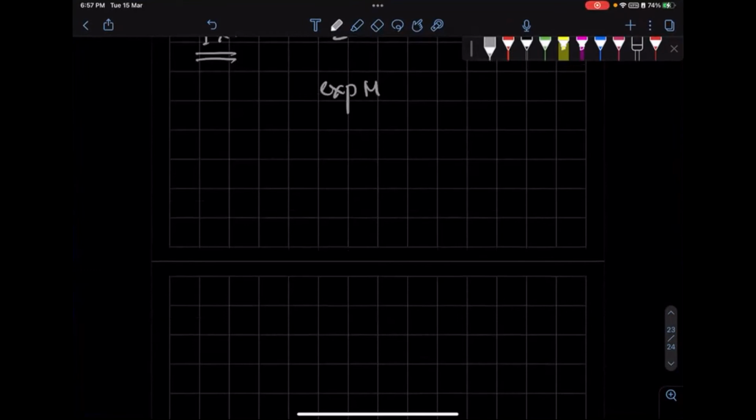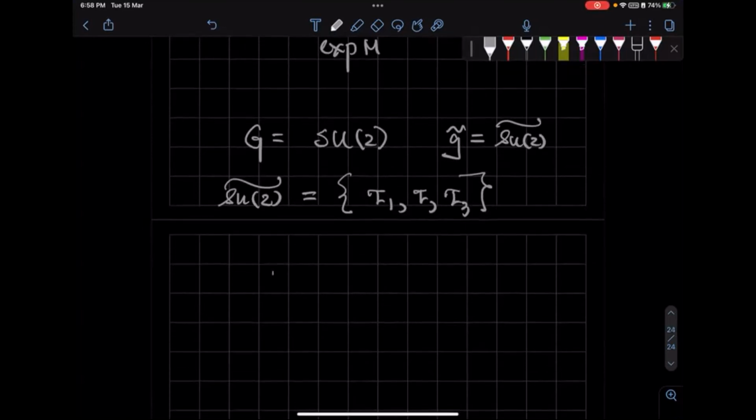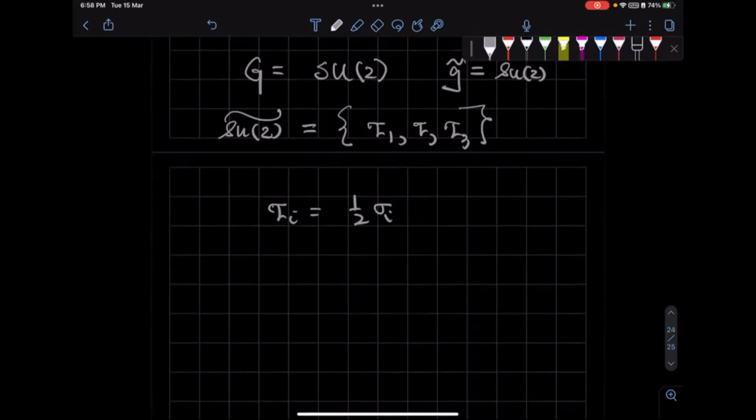Okay, so as an example, let's take the group SU2. Then the Lie algebra is SU2 tilde, and the generators are tau 1, tau 2, and tau 3, where tau i is half times the Pauli matrices. Now let's take tau 3, which is half times diag(1, -1).